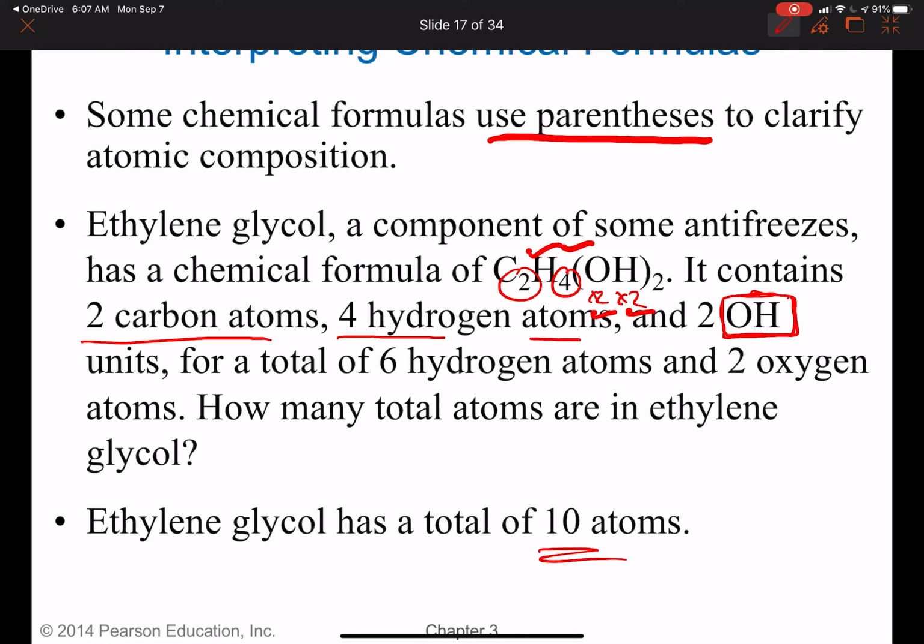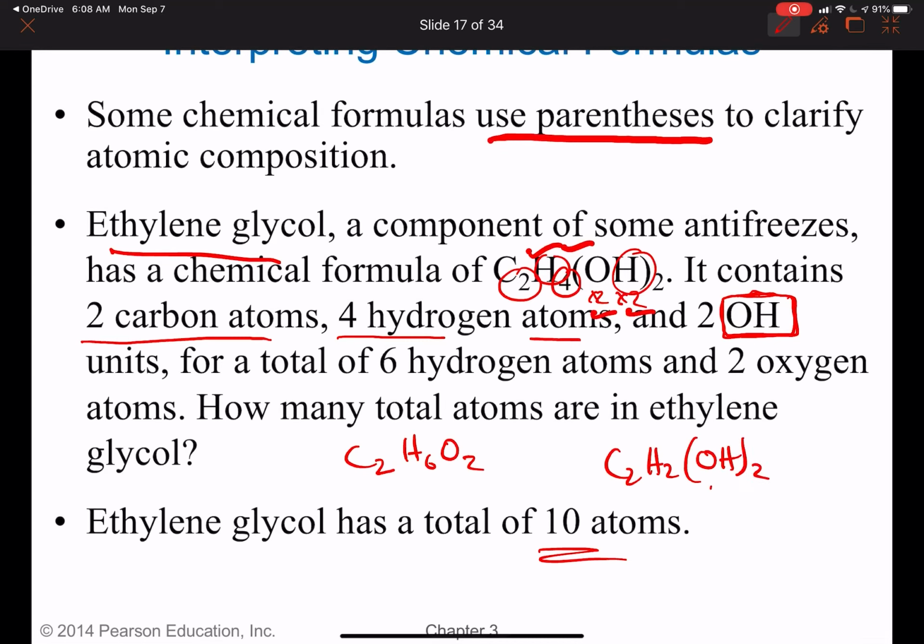Now, it's not wrong to combine these hydrogens. If you were to Google ethylene glycol, you might see the formula written like this. That's not wrong. This is just a different way of writing the formula. The point is, if you do see parentheses, that's what it means.